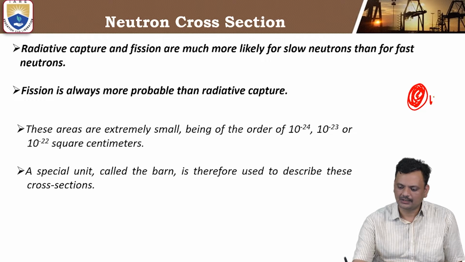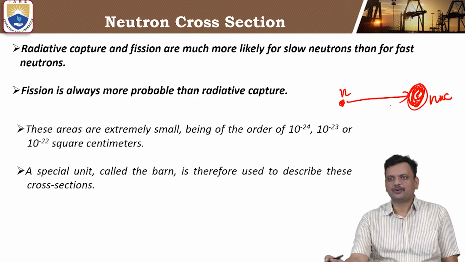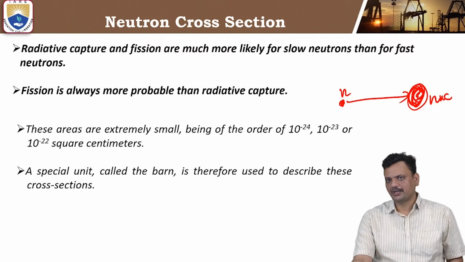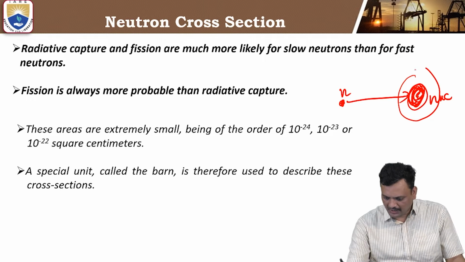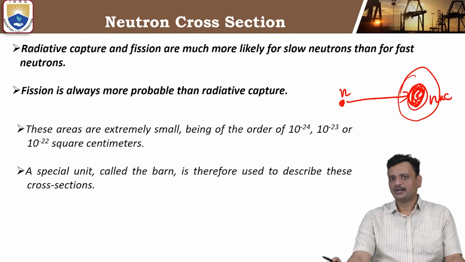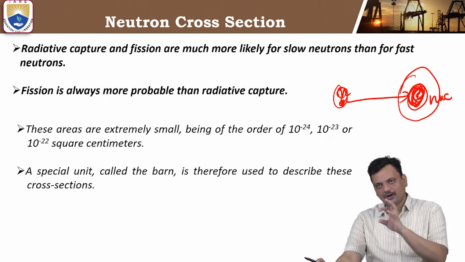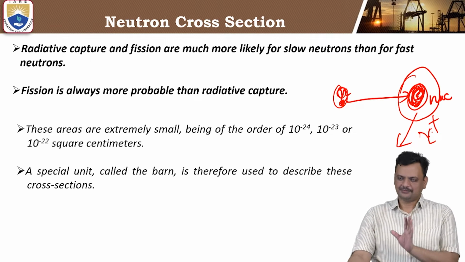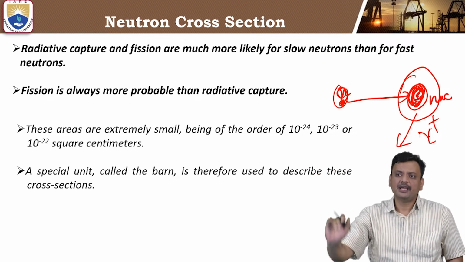this is your considered nucleus, and this is your incident neutron. When the neutron approaches the nucleus for a nuclear reaction, suppose it is absorbed by this nucleus, meaning the whole neutron vanishes, and another kind of nuclear particle, for example a gamma, will emerge.